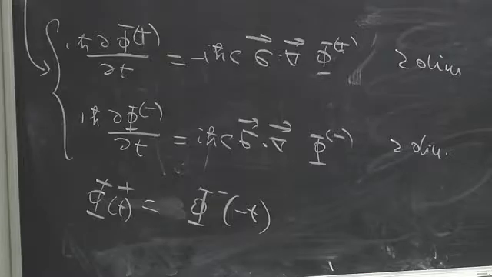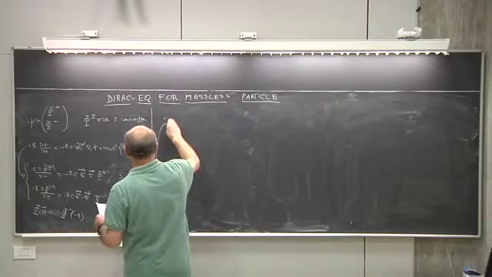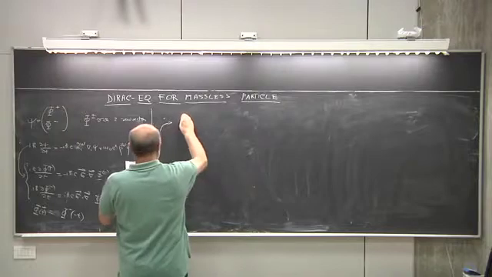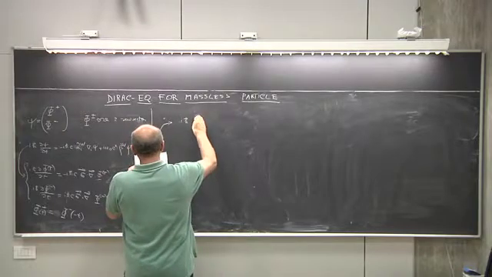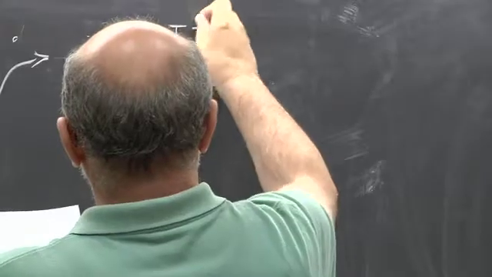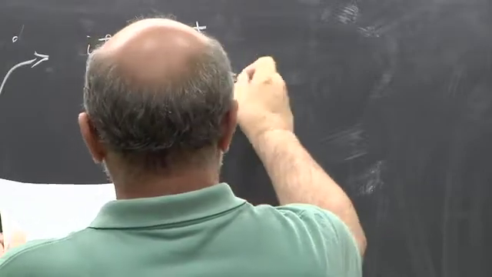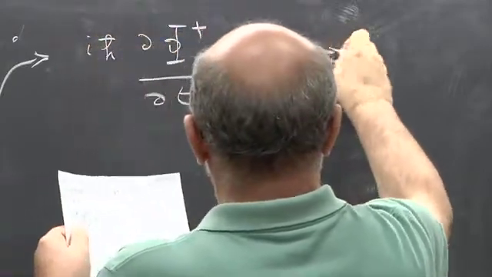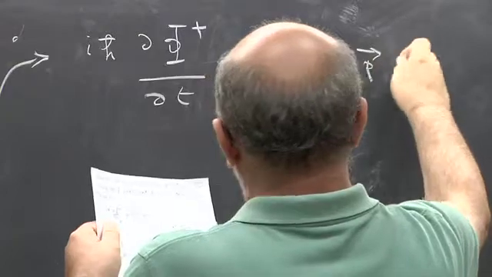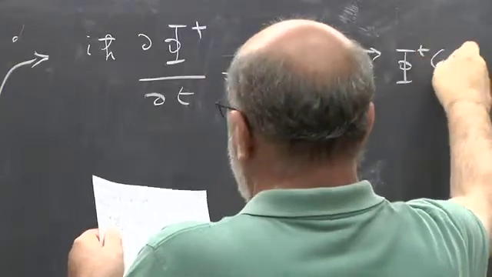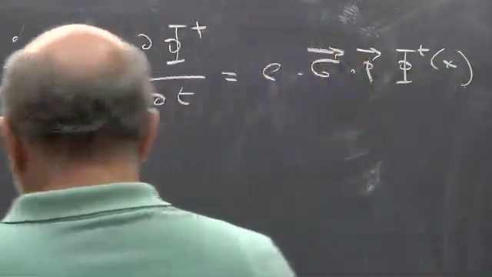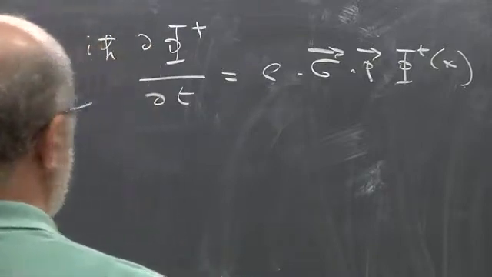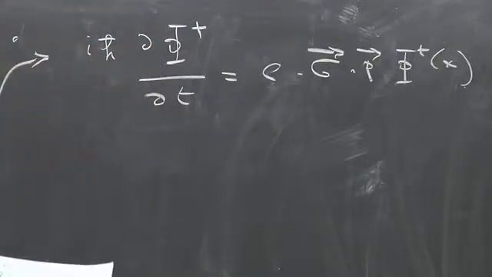okay, now let's take this equation. Let's write it down not with the derivative, but with the momentum: dφ+/dt equals c σ·p φ+. And what we want to do is solve this equation.